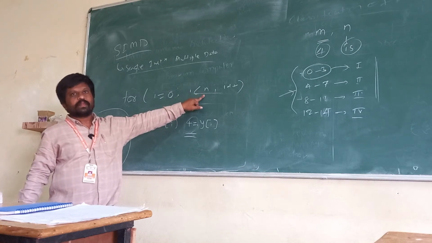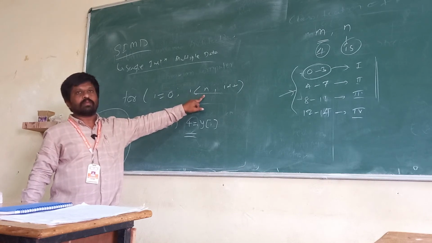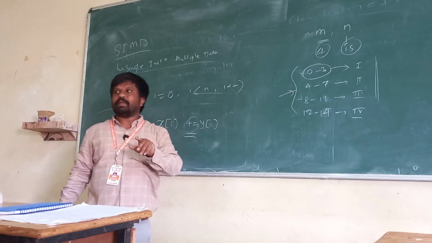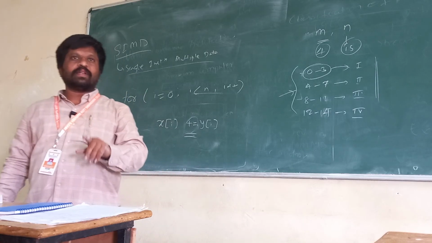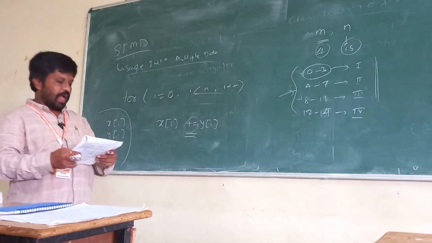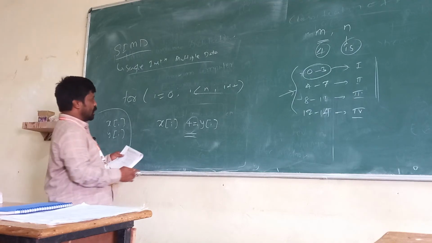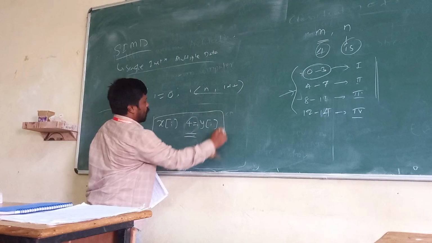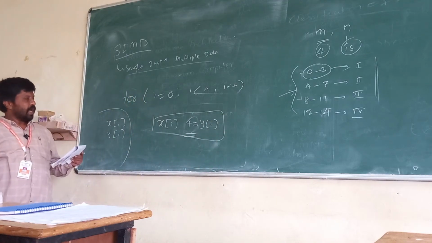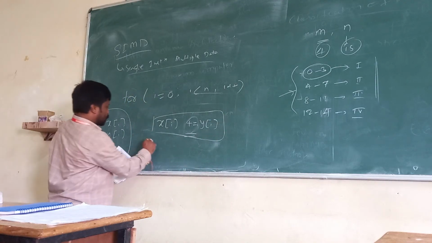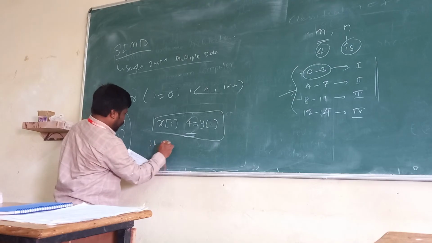Here n can be anything, positive or negative. If I specify that only positive elements are sent, then I'll be sending differently. Instead of using this type of condition, I'll be using the if y of i.